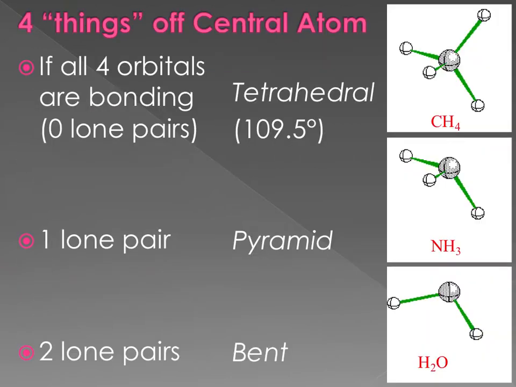There are some criteria that will help you to determine the shape of the molecules. The first thing we're going to look at is when you have four things coming off that central atom. So here are three examples.